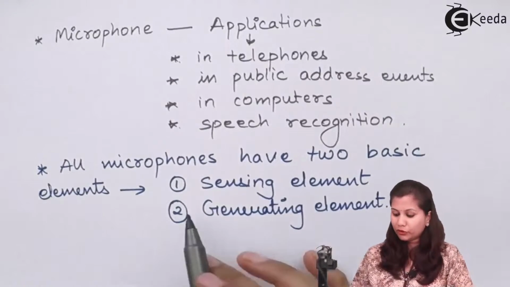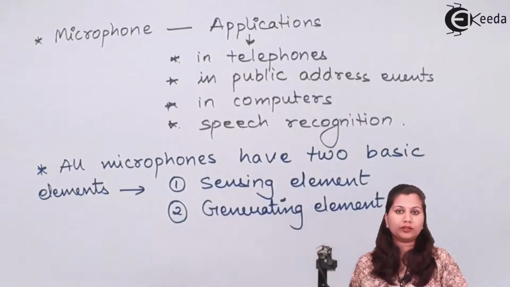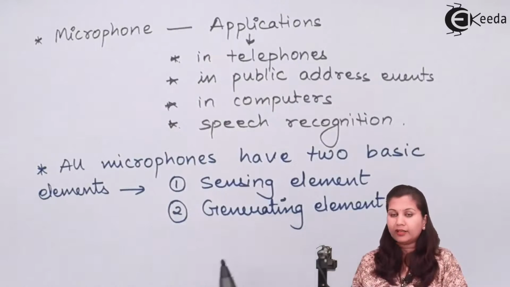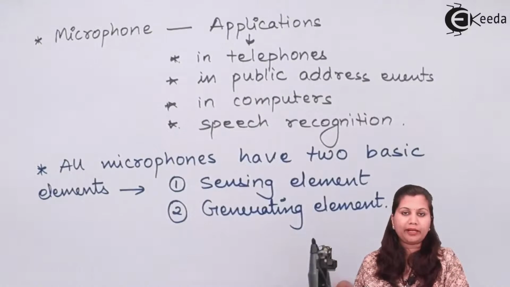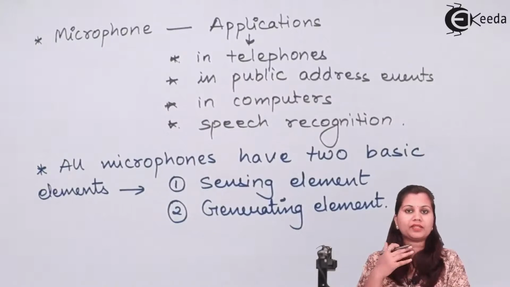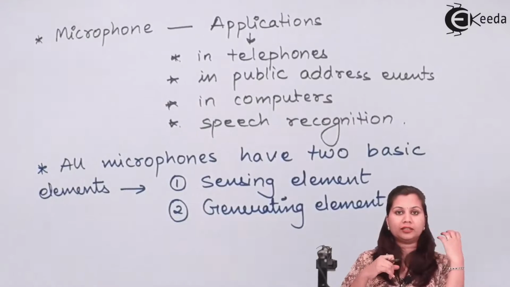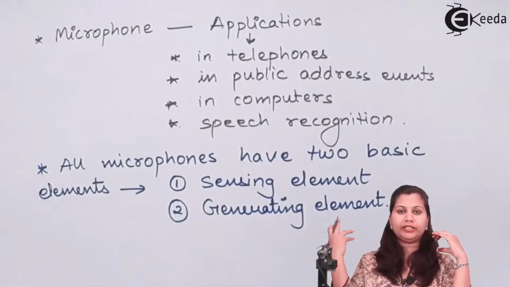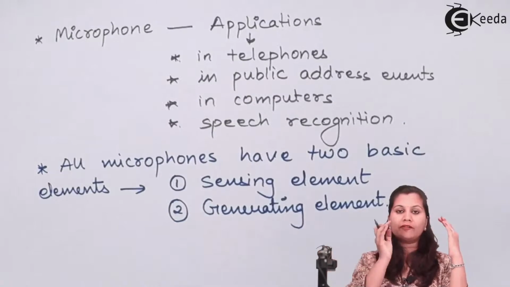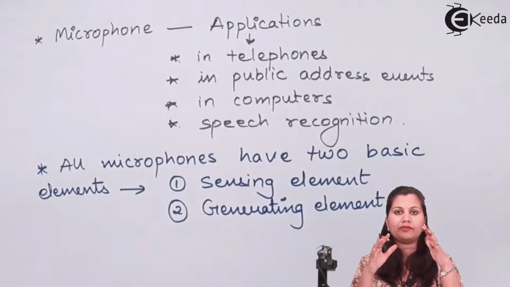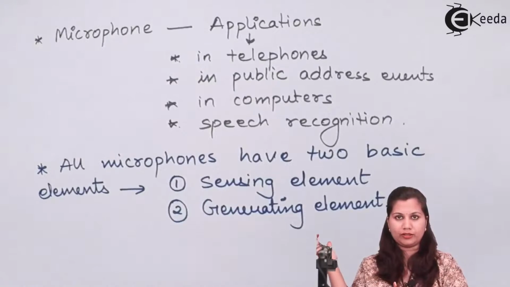The work of the sensing element is to convert the sound waves into the pressure waves, and the work of the generating element is to convert the pressure waves into the electrical signal. In this way, the sound energy is converted into an electrical energy.